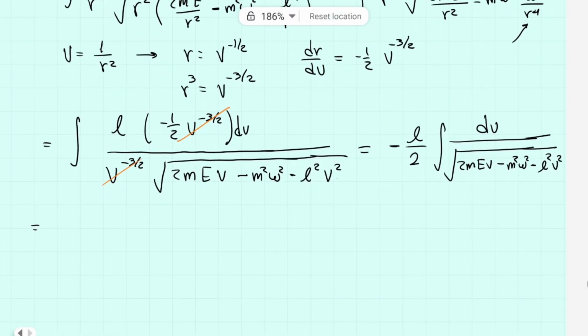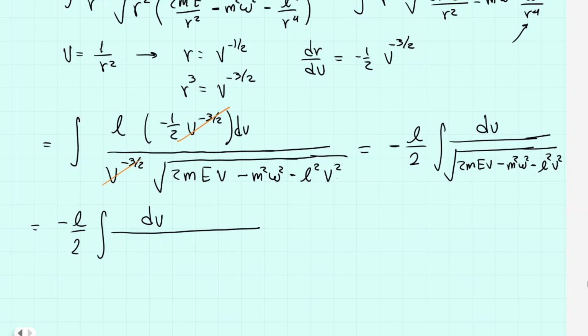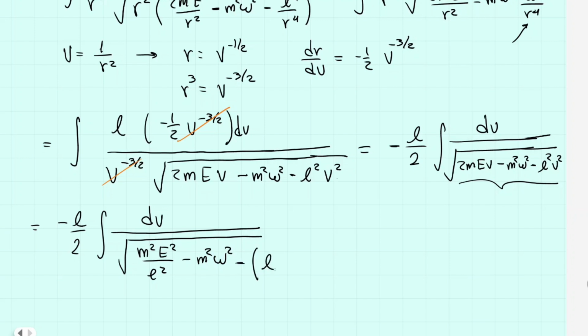So this is negative L over 2 times the integral of dv all over, and we are going to rewrite all this as the next. We are going to have the square root of m squared E squared over L squared minus m squared omega squared minus (Lv minus mE over L) squared.